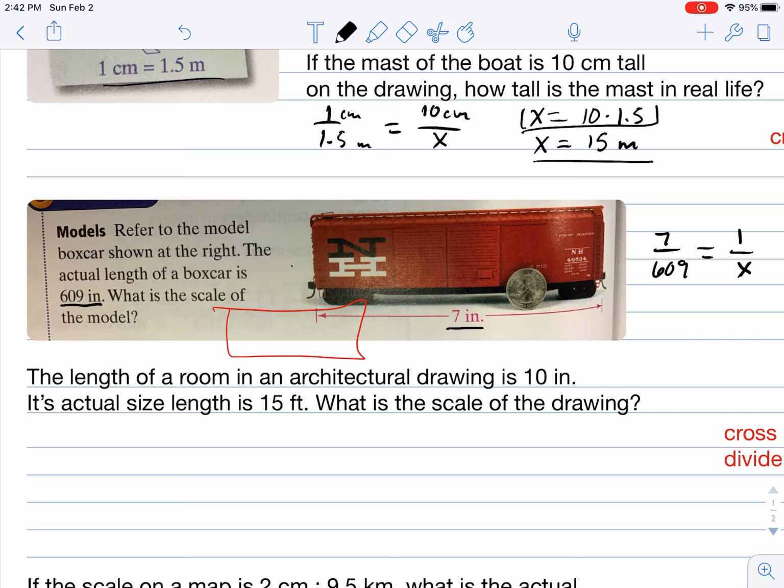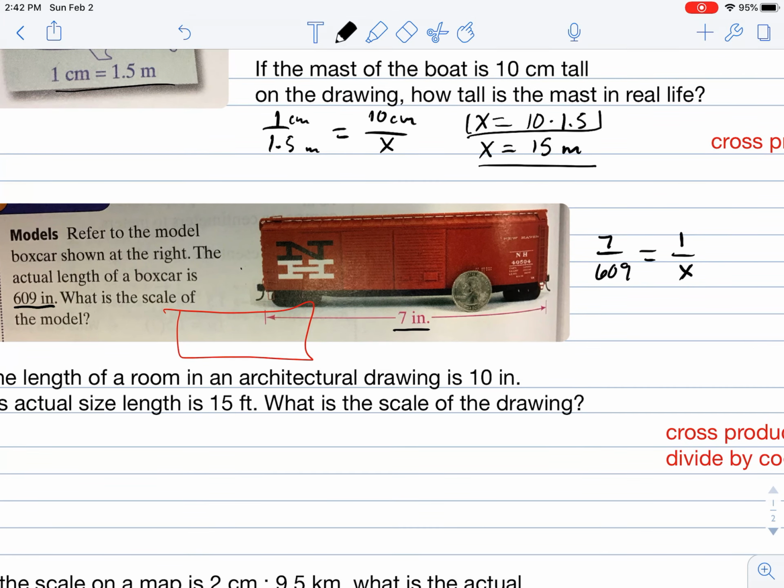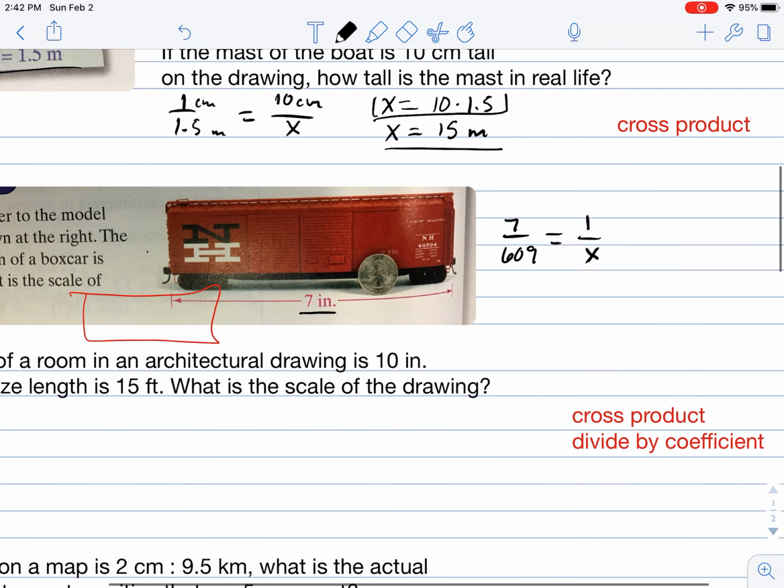The unit rate is pretty much what the scale is. Now that we have that, we can take the cross product and we will get 7x is equal to 609. Last step, divide by the coefficient. The coefficient is the number in front of the variable. x equals, and 7 can go into 60 8 times with a remainder of 4.